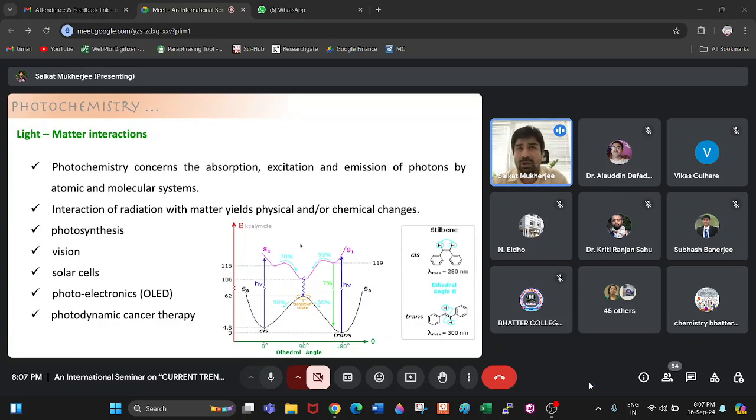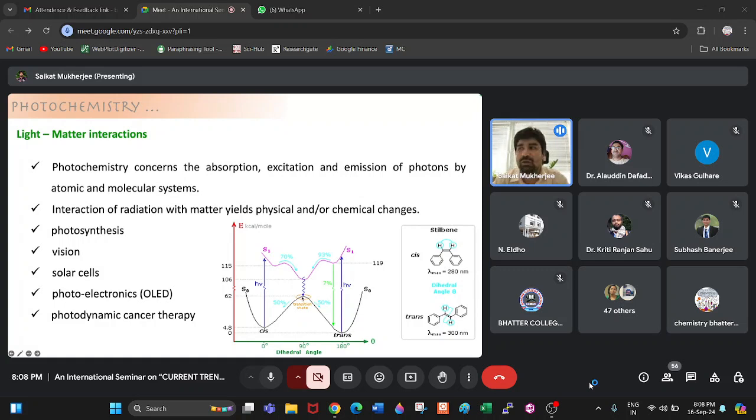So what happens when a molecule absorbs light? As you can see in this classic example of a stilbene, there are two photoisomers, one is cis and one is trans. If you do not have light, you cannot convert cis to trans or vice versa because you have a large barrier height.